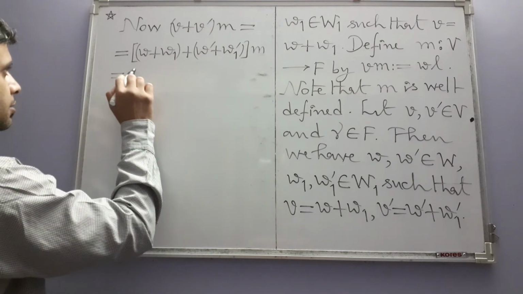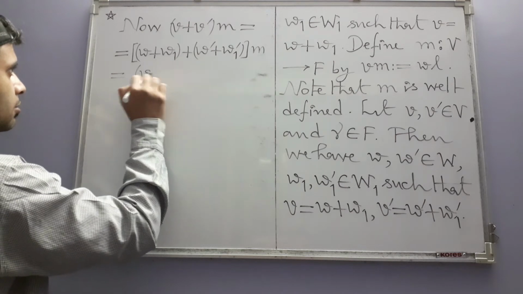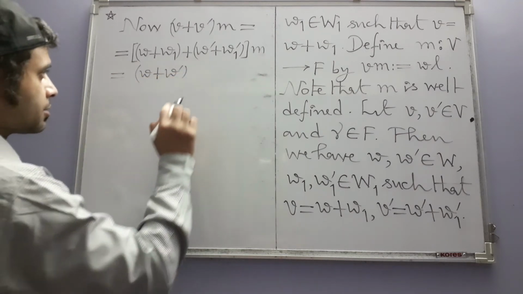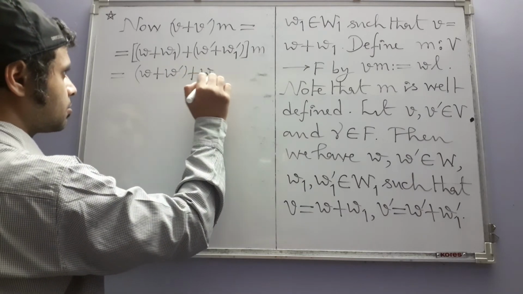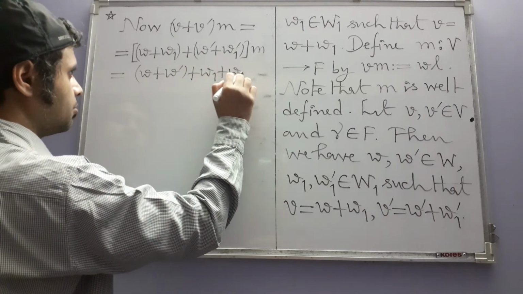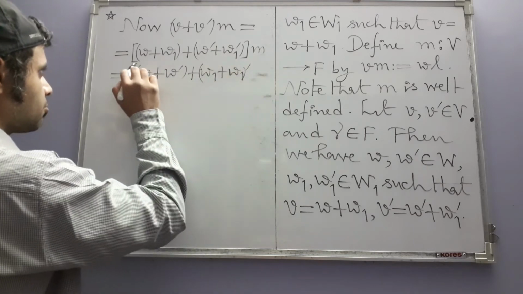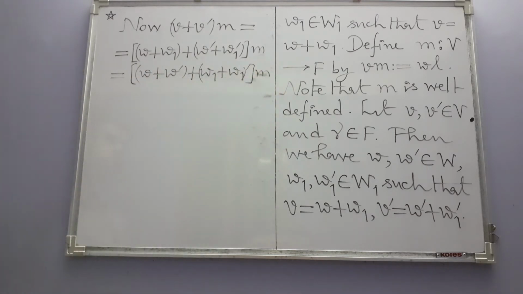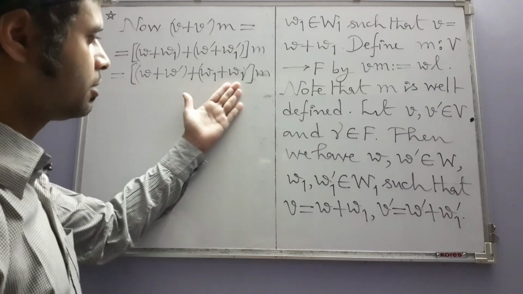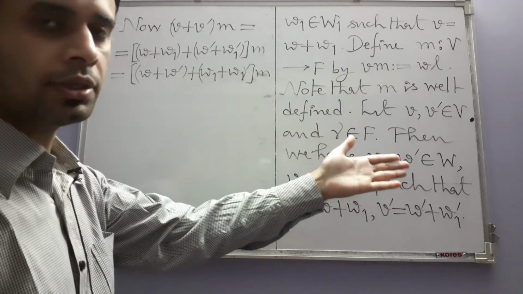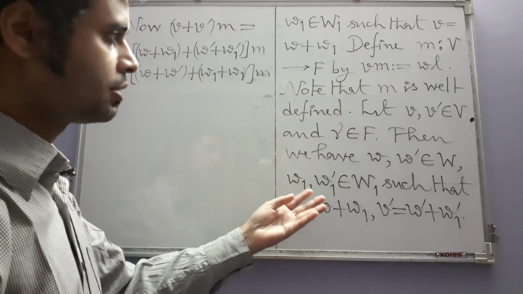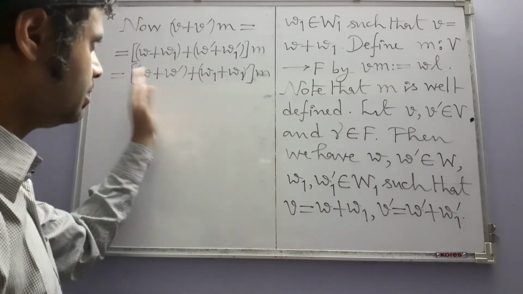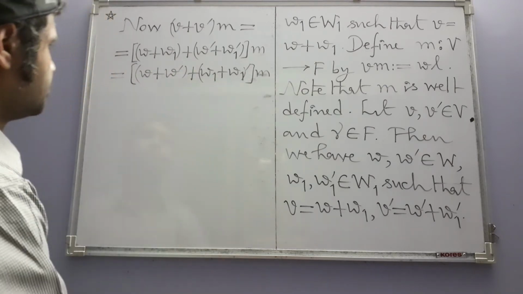Now inside we can of course write w plus w prime plus w1 plus w1 prime. But the question is why? I mean, how are we able to write this? That's because we are, after all, in the vector space capital V, where vector addition is commutative and associative. So that's why you can write any sum in any manner.